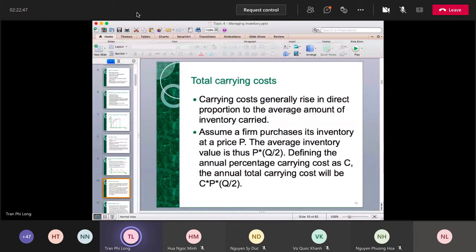Firstly, about the carrying cost. We assume that the carrying cost will rise in direct proportion to the average amount of inventory carried. This one I explained to you before. So, if we assume that a firm purchased the inventory at the price P, the average inventory value will be P multiplied by the average inventory, which is Q over 2.